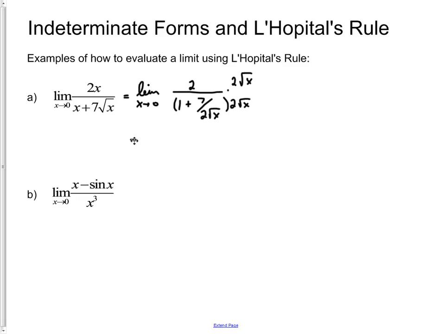This is going to become the limit as x approaches 0 of 4 square root of x, and in my denominator I'm going to get 2 square root of x plus 7. So now substituting in 0 for x produces 4 times 0 in the numerator over 0 plus 7 in the denominator. It's not indeterminate, and we know that this limit is going to be 0.